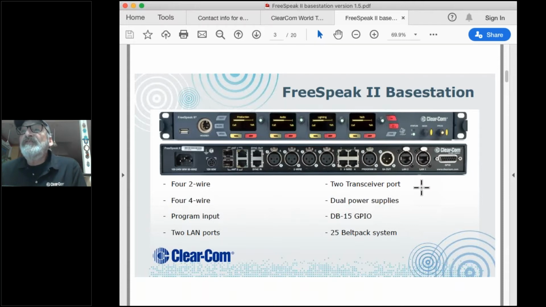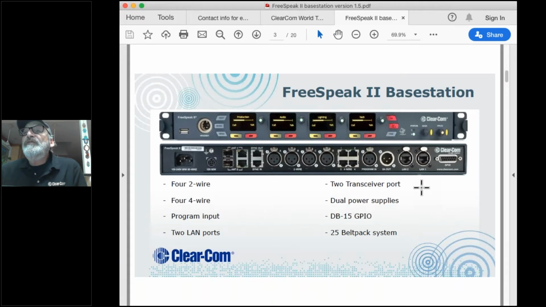Now, keep in mind the software now, as opposed to the original Freespeak base, now the software actually lives on the printed circuit board. And as we update to different versions of firmware, we will be updating the software at the same time. So for those of you who have made the upgrade that we've brought out about a year ago, you all noticed a tremendous leap in the utility of the GUI of the software. And so that lives there.